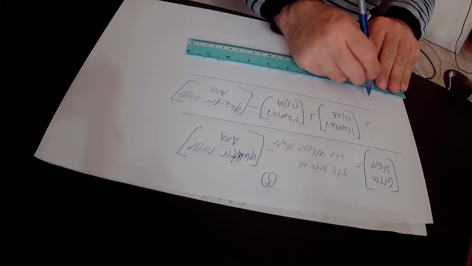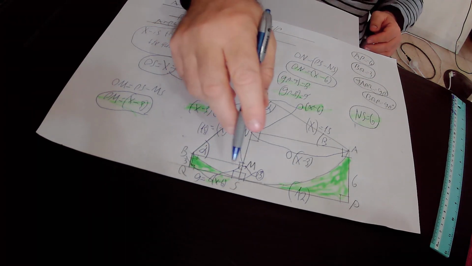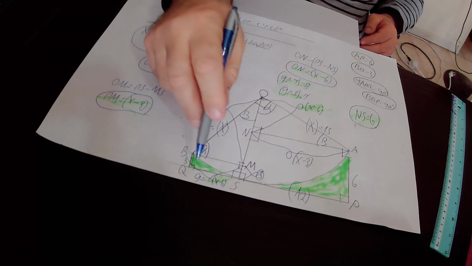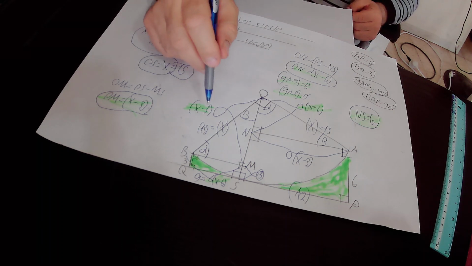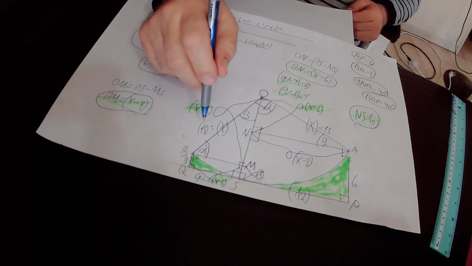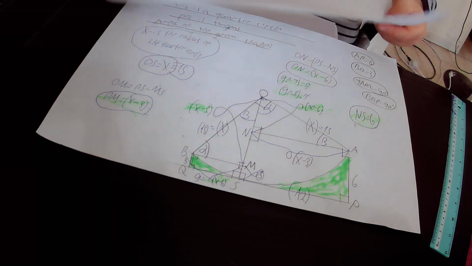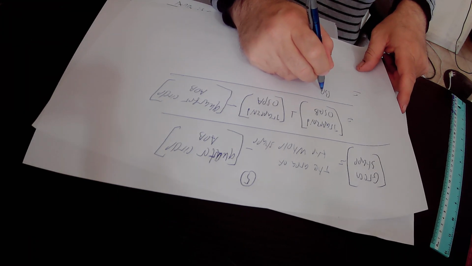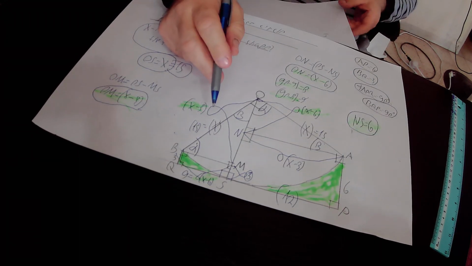So, what is the area of trapezoid OBQS? The area of this trapezoid OBQS equals the sum of its bases, that is BQ plus OS, times the height.